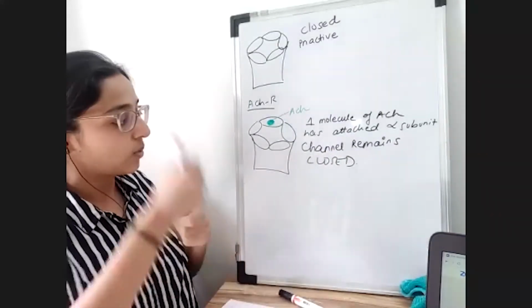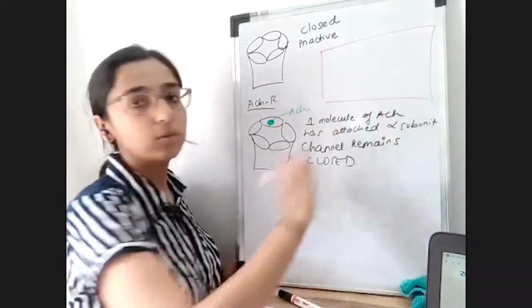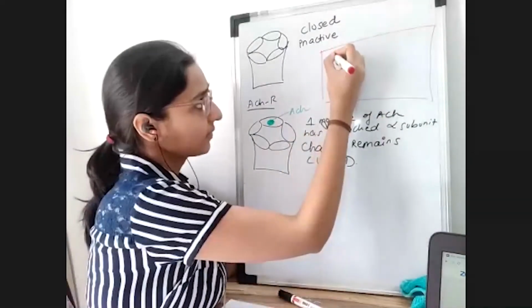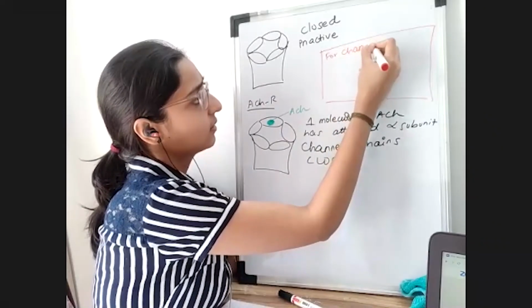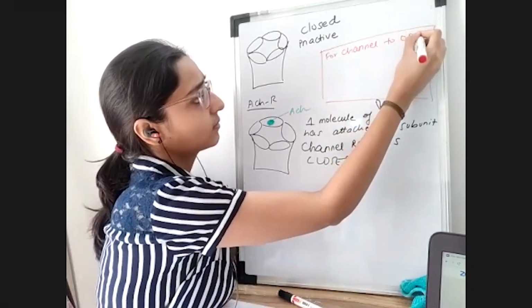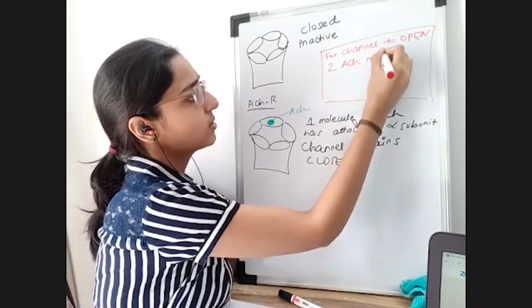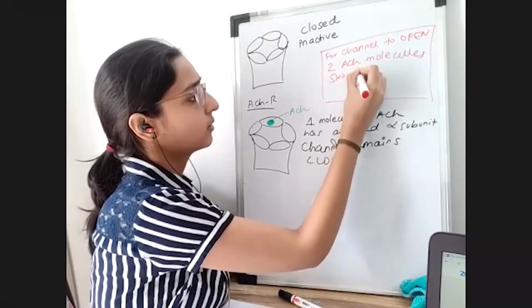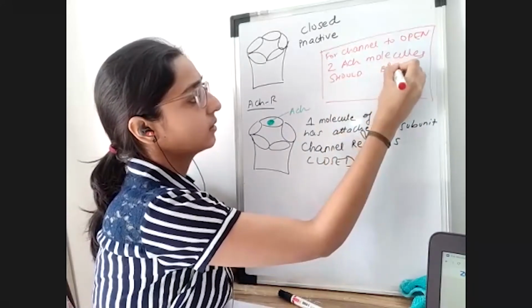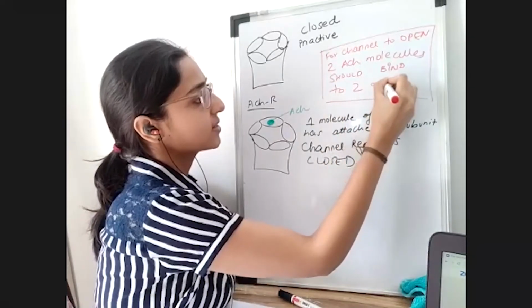So we need to remember one very important point, which I'm going to put in a box over here: for the channel to open, 2 acetylcholine molecules should bind to the 2 alpha subunits.